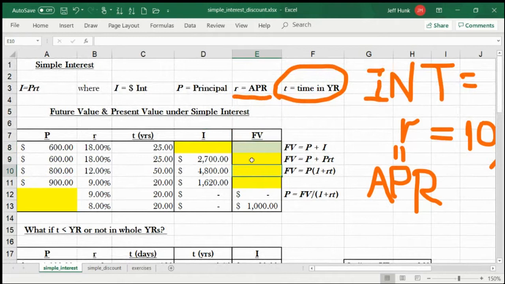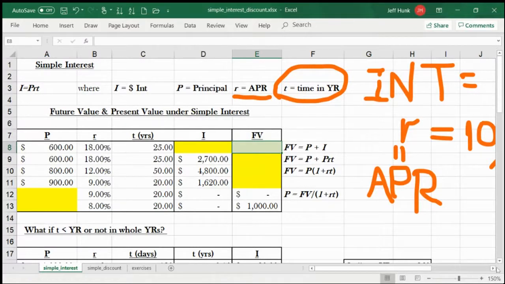So, is there a meaning to these colors? Yes, these colors have meanings. The yellow is the solution cell, right? Yellow is the solution cell. The drab or light olive is the intermediate or secondary solution.